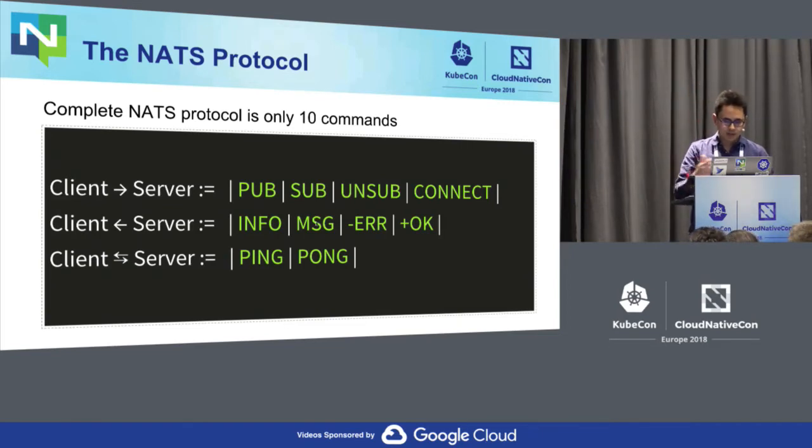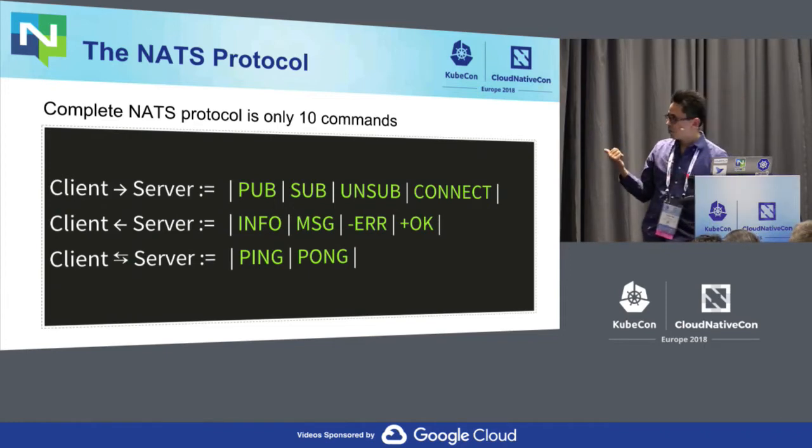There's also the message protocol, for processing the messages, and errors, which are notifications the server can send. The +OK is for the verbose mode, which is disabled by default for the clients. And there's ping and pong always happening between the clients and the server.